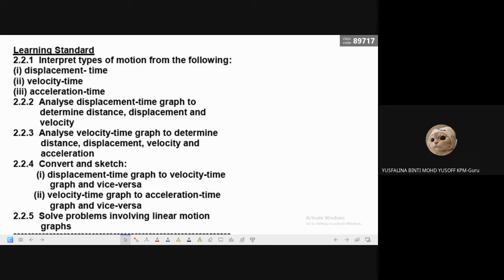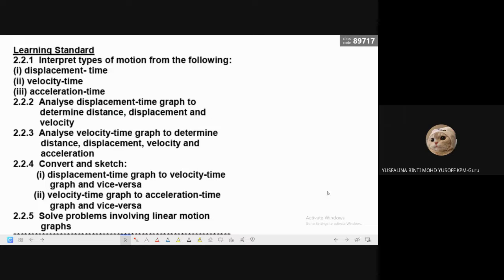You analyze the displacement time graph, how to determine the distance, the displacement, and also the velocity. And for the velocity time graph, how to determine the distance, displacement, velocity, and acceleration. You also have to convert and sketch: they ask you, from the velocity against time graph, to sketch the graph for acceleration against time. That is what we learn in this subtopic.